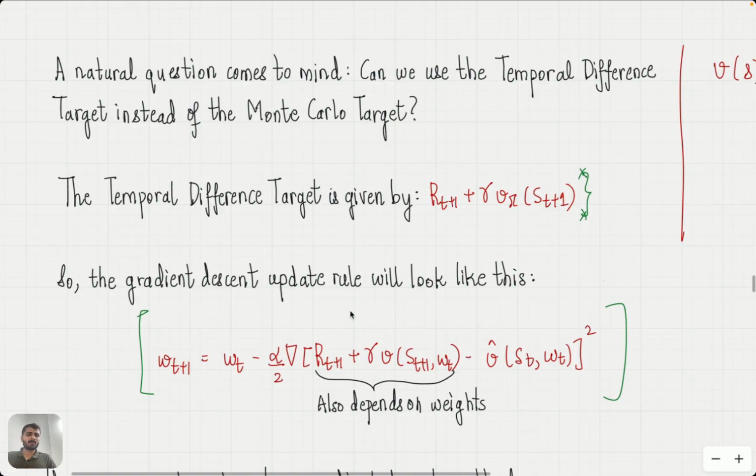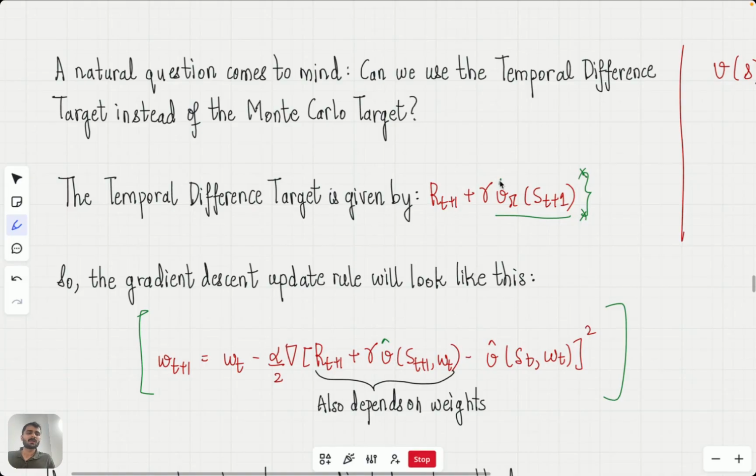Now, there is one problem with this though. Some of you might have identified that this value function is dependent on the weights. So here also we should have a hat, v hat.